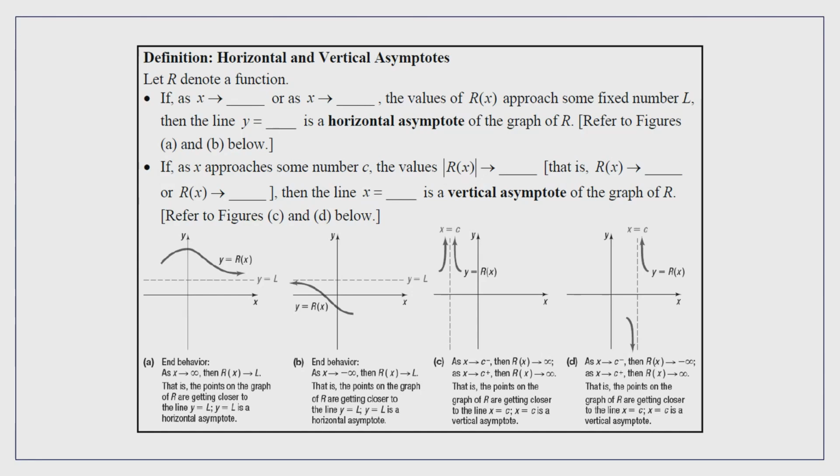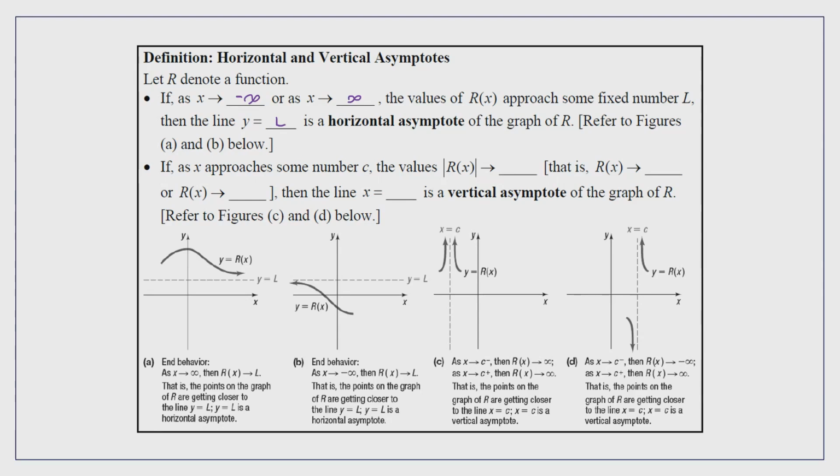All right. The definition of our horizontal and vertical asymptotes. So we drew horizontal and vertical asymptotes. Let's dive a little bit deeper into their definitions. We're going to let r denote a function. If as x approaches negative infinity, or as x approaches infinity, the values of r of x approach some fixed number L, then the line y equals L is a horizontal asymptote of the graph of r.